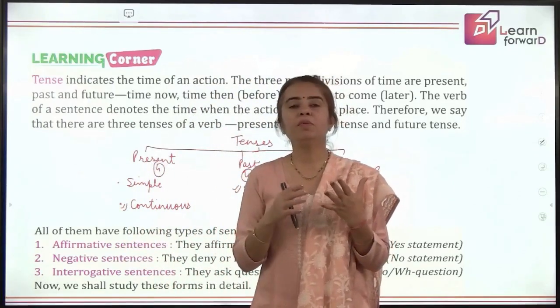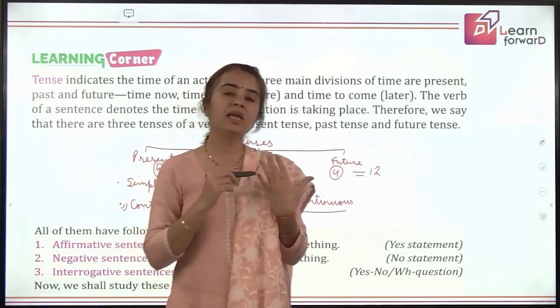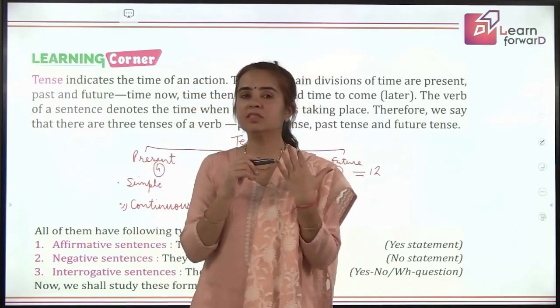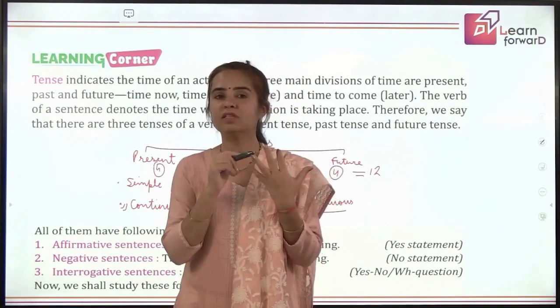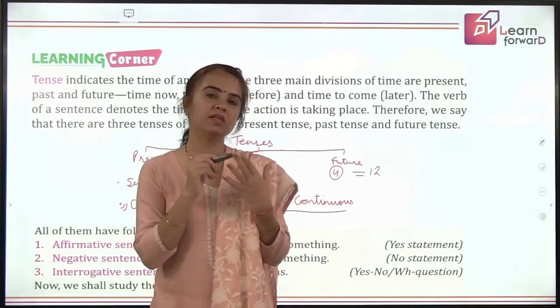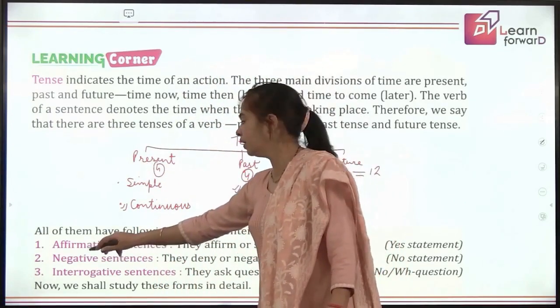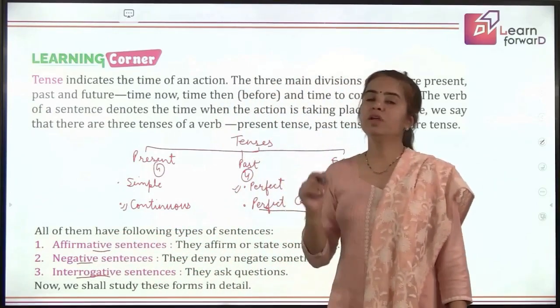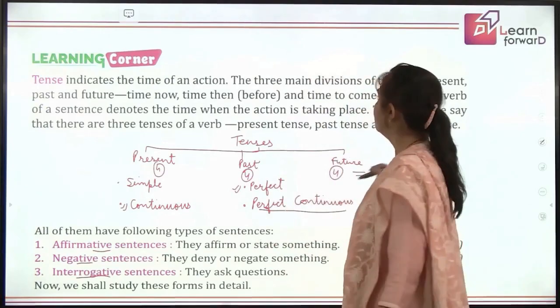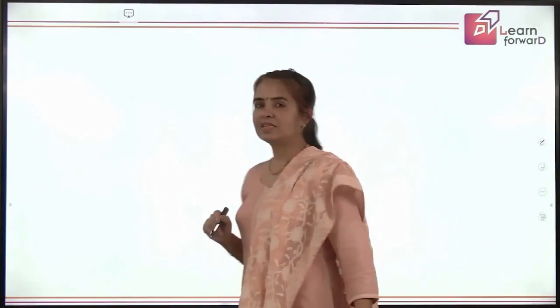So we will be focusing on the sentence structure in the case of affirmative sentences, that means the declarative sentences. Then we have the negative sentences and interrogative sentences. So depending on the type of sentence we are writing, whether it is affirmative, negative, or interrogative, we are going to learn the verb formation in each of these tenses, right?